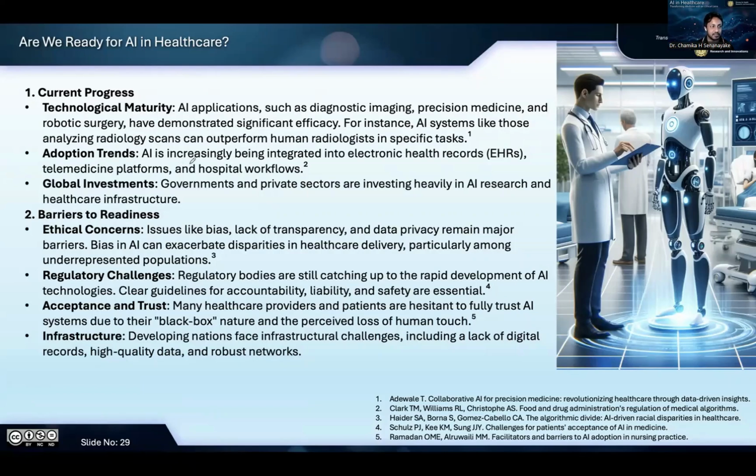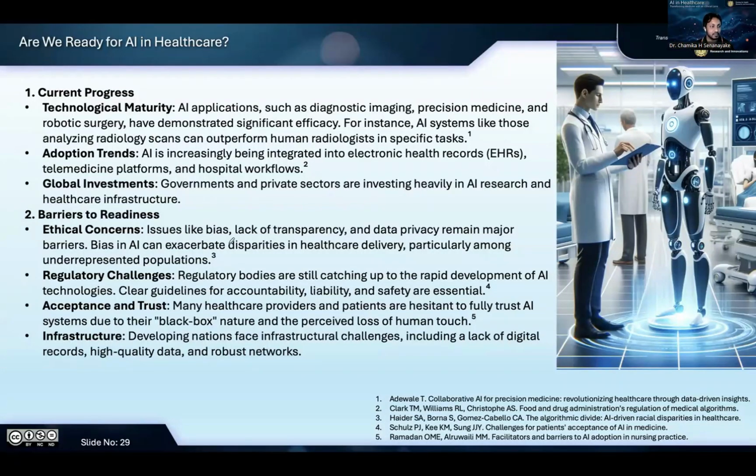On adoption trends, AI is increasingly being integrated into electronic health records, but not in Sri Lanka. In most places, even in the UK and especially in Middle East countries, I have experienced that they do wonders with clinical decision support systems. And on global investments, private sectors are heavily investing in AI research and healthcare infrastructure.